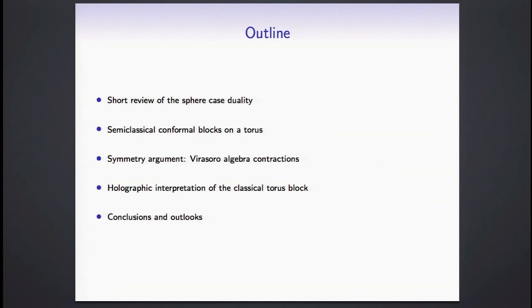Then I will consider the so-called classical block, which is just a particular semi-classical block, and will give its holographic interpretation in terms of geodesic networks stretched on the thermal AdS in the case of one-point correlation function. Okay, and then traditionally I will summarize the results obtained and discuss future perspectives. So let's start.